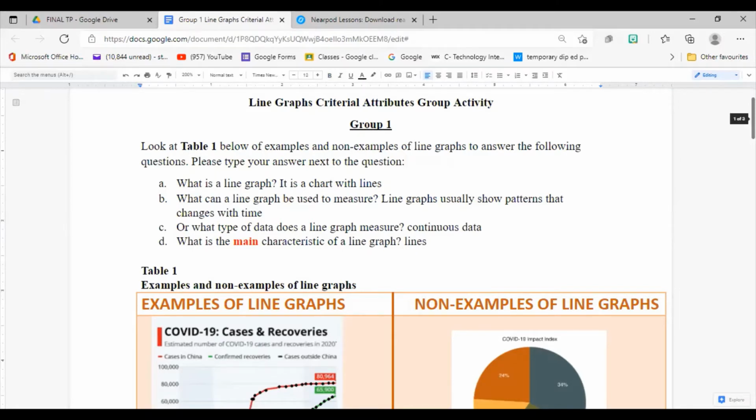Okay, well, group one, you all could go ahead and present. All right, who's presenting from group one?